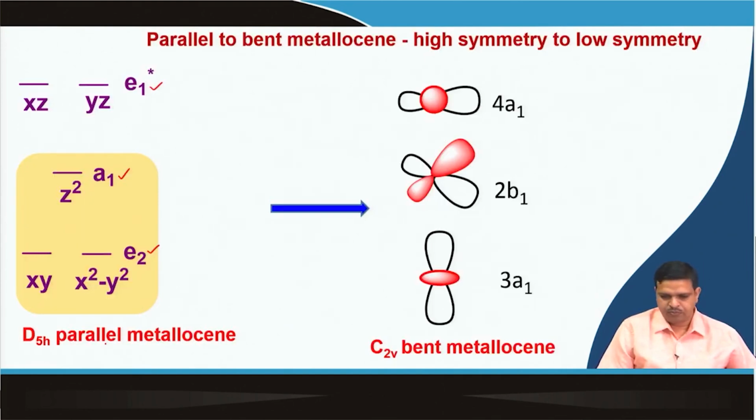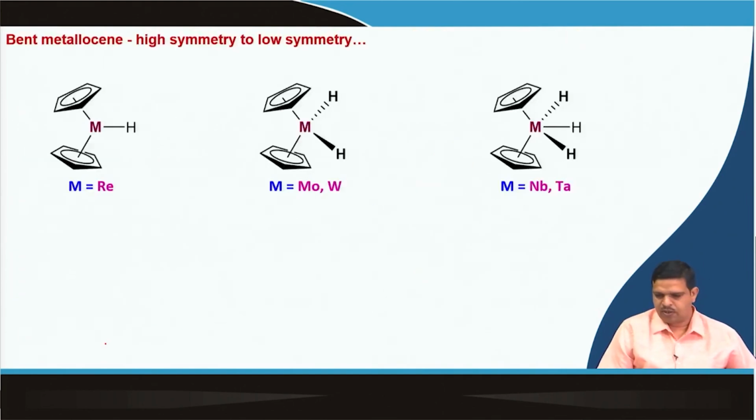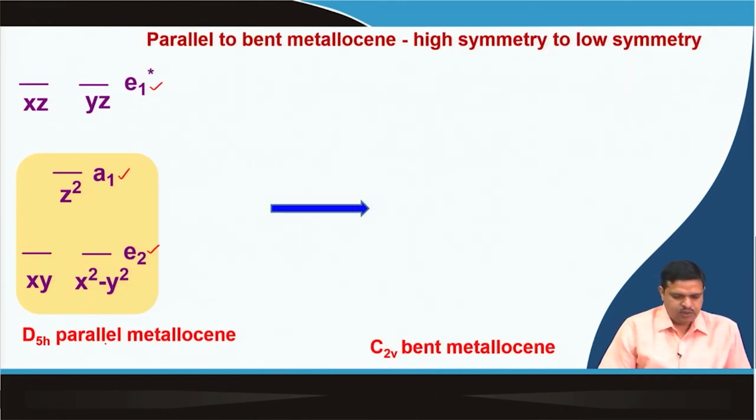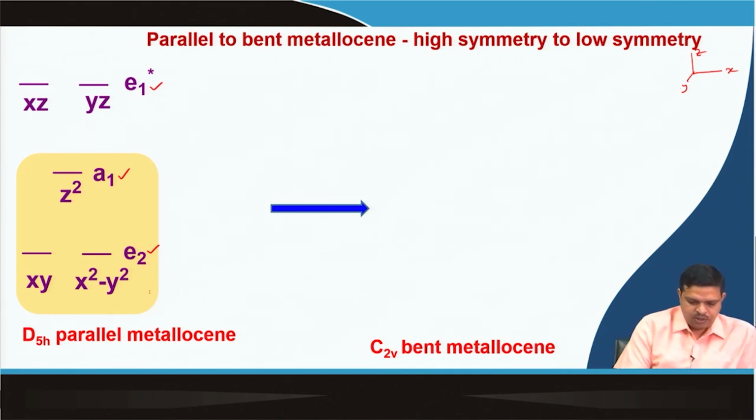If we see the axis, I should mention the axis: z, x, y, the Cartesian coordinate. Here you see that depending on the number of electrons filling up in E2, A1 and E1 star for parallel metallocene, the structure and reactivity will also vary.